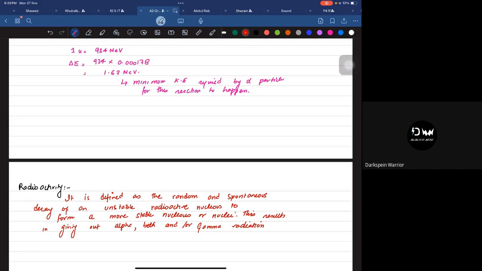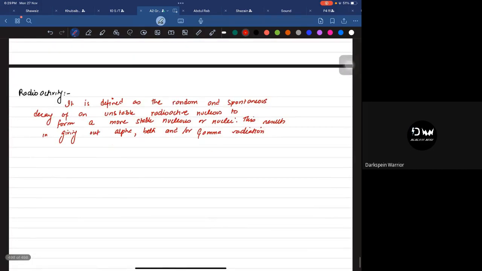Okay, kids. So now let's define what is random and what is spontaneous. These are two attributes of radioactivity. First, random.